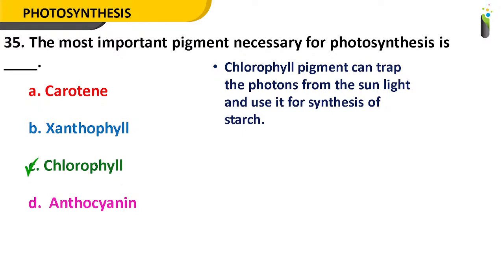These electrons travel through different electron acceptors, and in the light reaction, what is formed is ATP and NADPH plus H plus, and this is collectively called the reducing power, which is utilized in the dark reaction for the fixation of carbon dioxide, that is, reduction of carbon dioxide so as to form glucose, and this glucose later on is converted into starch. Plants store the excess of carbohydrates in the form of starch, whereas animals store the excess of carbohydrates in the form of glycogen.